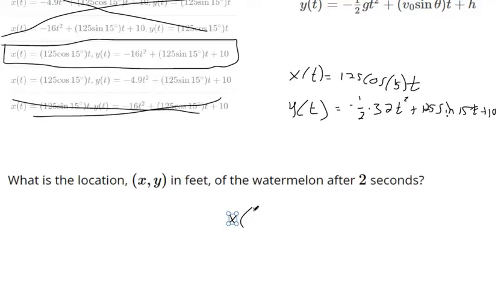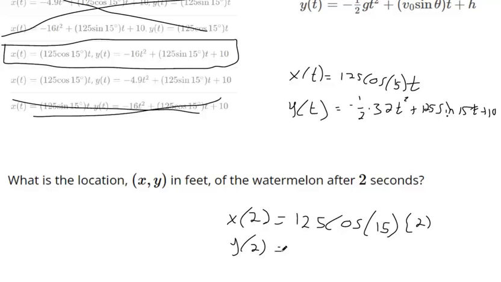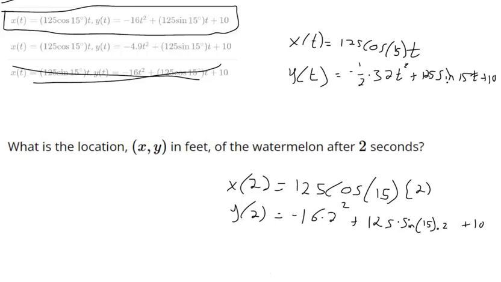So x of 2 is going to be 125 times cosine 15 degrees times 2, and y of 2 simplified is negative 16 times 2 squared plus 125 times sine of 15 times 2 plus 10. So you're really just plugging in t equals 2 into both of them and simplifying with the calculator.